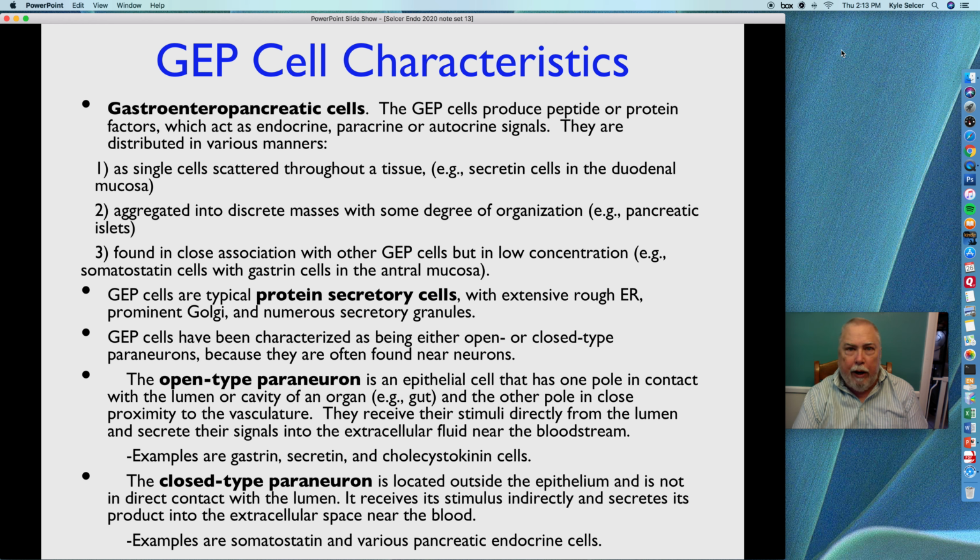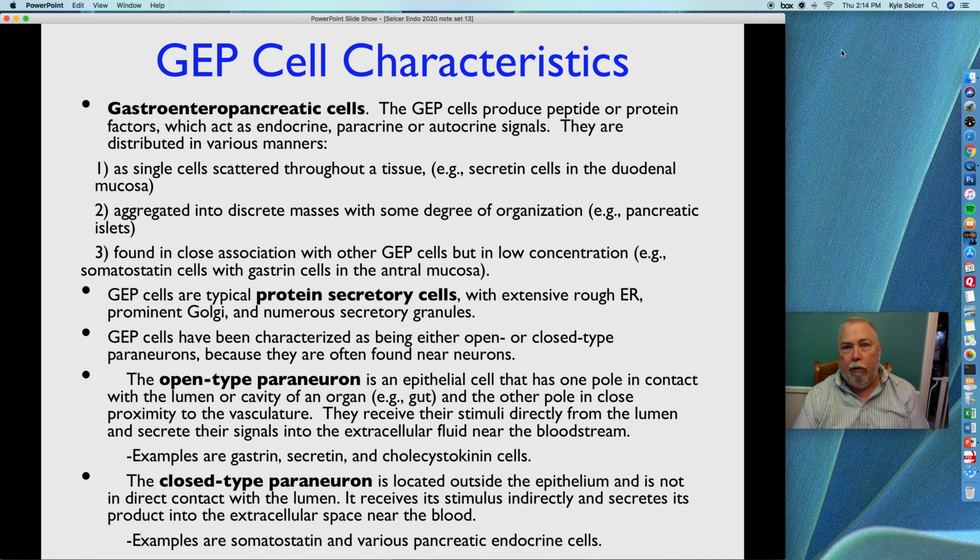This is true of the pancreatic islets with the alpha cells, the beta cells, the somatostatin cells, organized into what we call islets of Langerhans, which is separate from the exocrine part of the pancreas. Or they can be found in close association with other GEP cells, but at a real low concentration. So somatostatin cells, which are inhibitory on almost every digestive function, can be found nearby gastrin cells in the antrum mucosa, the mucosal cells of the antrum of the stomach.